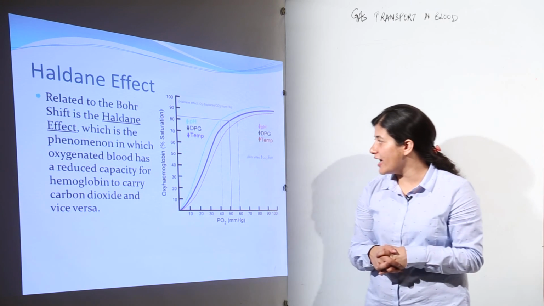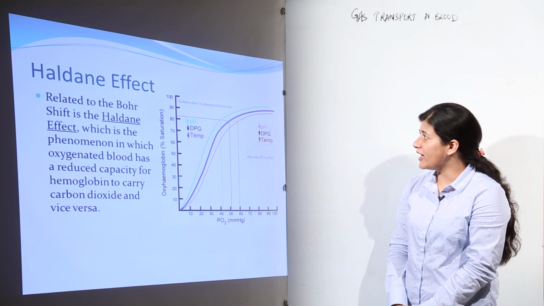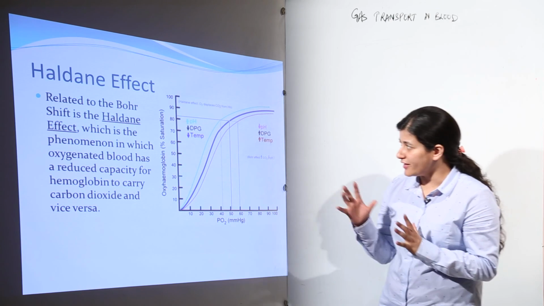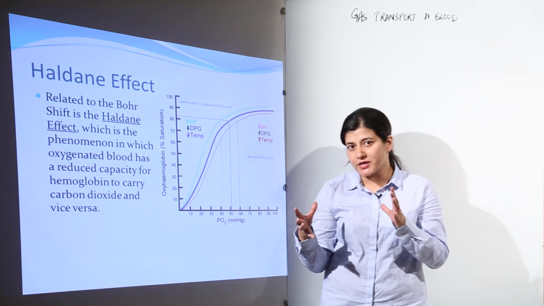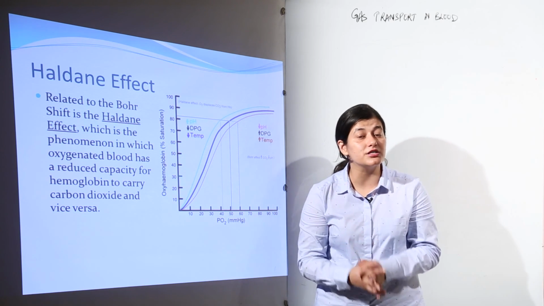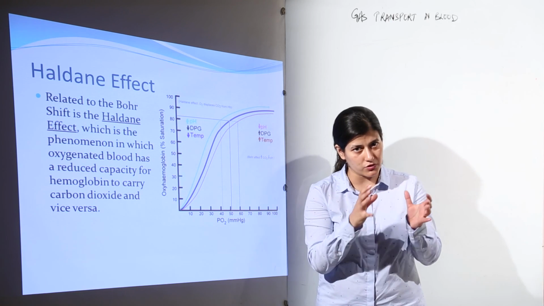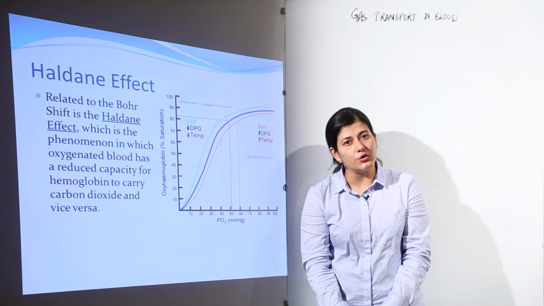This is all we have to study about the Haldane effect and the Bohr effect, and one thing you have to remember is that while the Bohr effect is for the oxygen dissociation curve, the Haldane effect is for the association of carbon dioxide with hemoglobin, because almost 23% is transported in the form of carbaminohemoglobin.